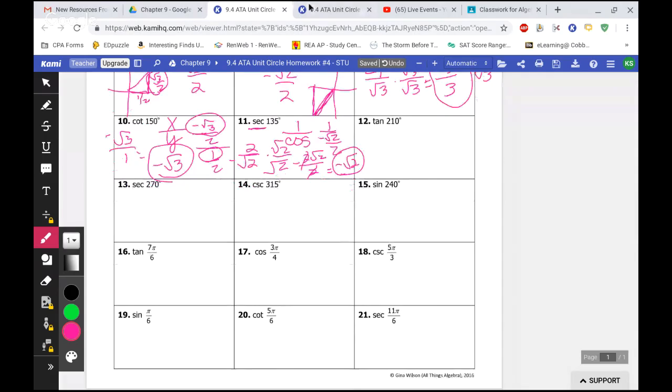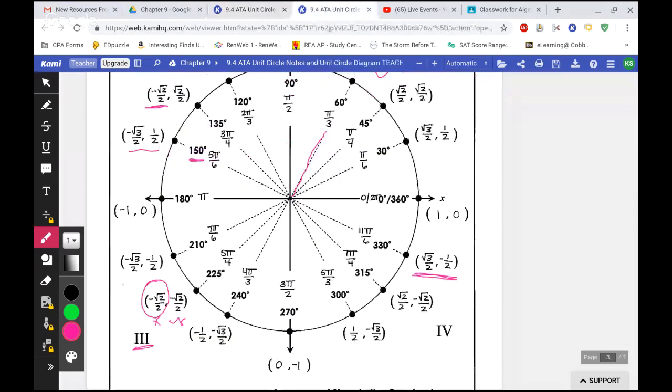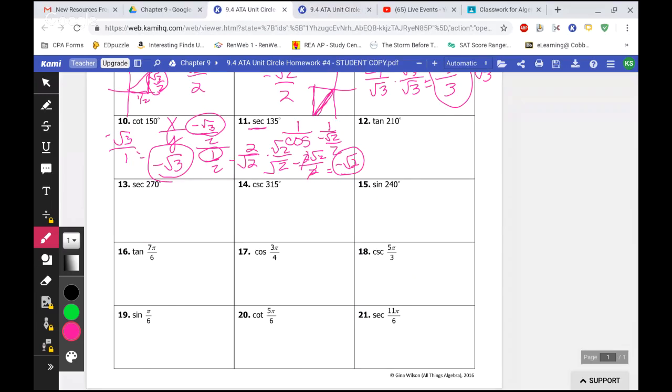Tan 210. I can go to my unit circle and I can see the coordinates are negative root 3 over 2 and negative 1/2. So that's y over x. So I have negative 1/2 over negative root 3 over 2.